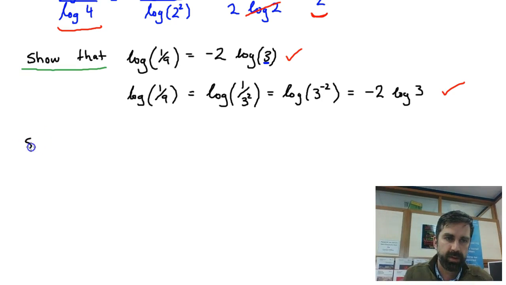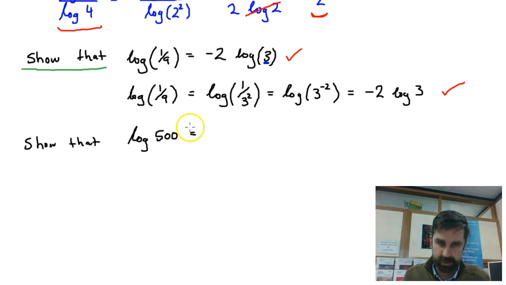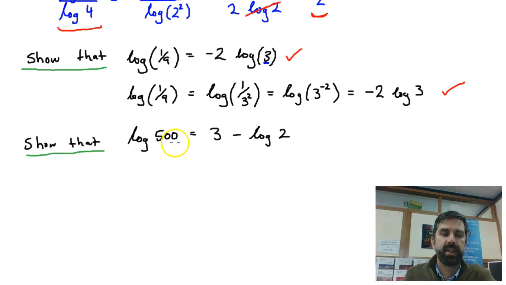As another example of that, we could say show that the log of 500 is equal to 3 minus log 2. So again, because we're talking about a problem that says show that, we've been given the answer and we need to supply the working out. So I'm going to start with the left-hand side again.